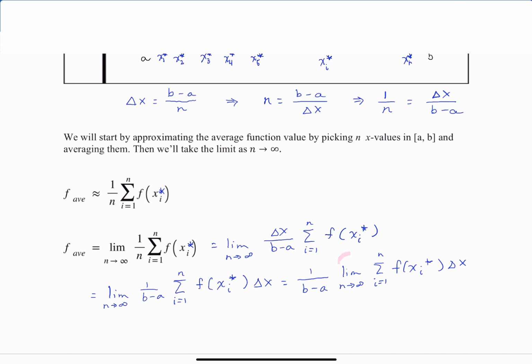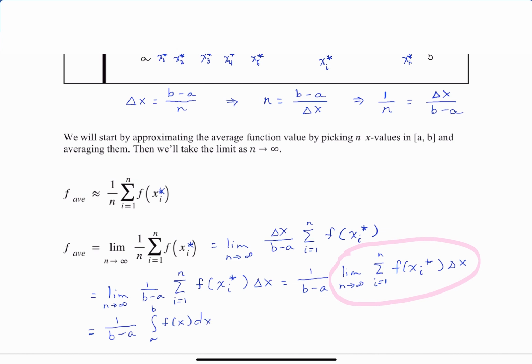This limit of the sum is exactly what we define to be the definite integral. So what we're getting here is 1 over b minus a times the integral from a to b of f of x dx.